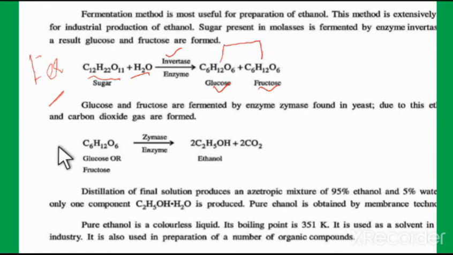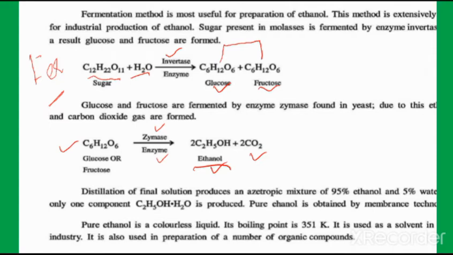Now the glucose or fructose, when treated with the zymase enzyme, is converted into alcohol. In addition to that, we also obtain carbon dioxide gas. So this is the fermentation method.